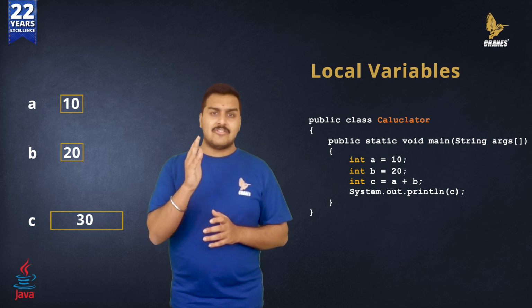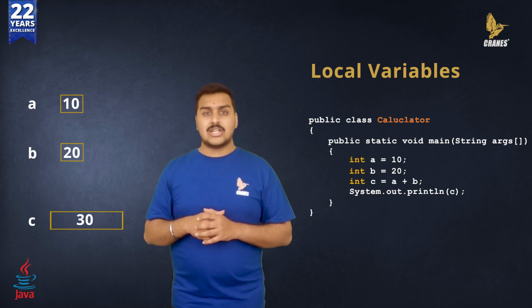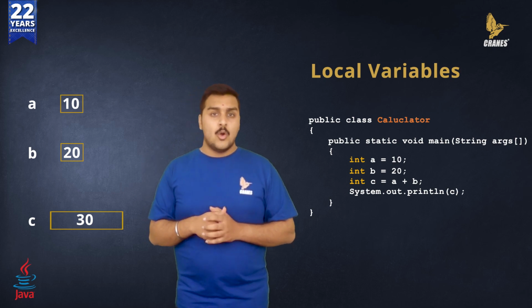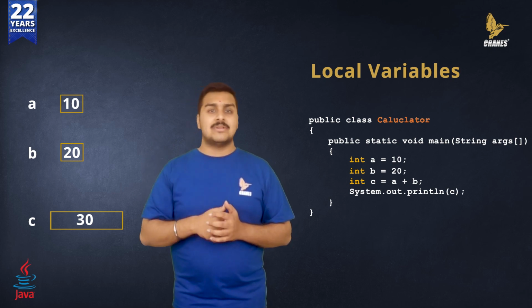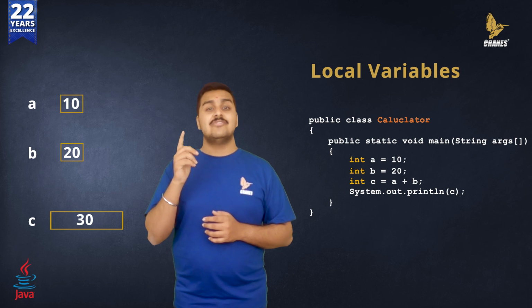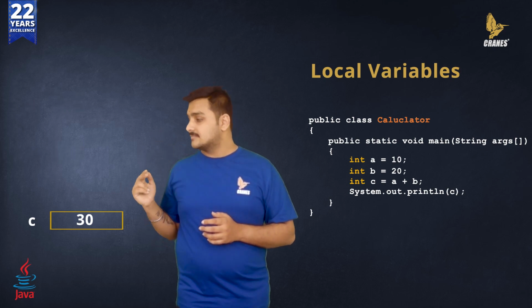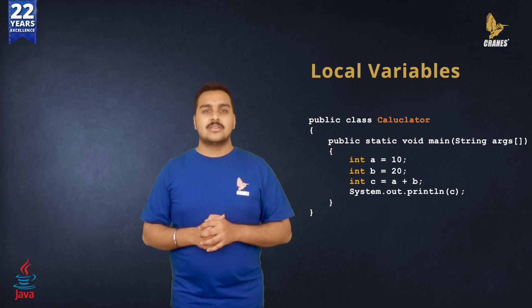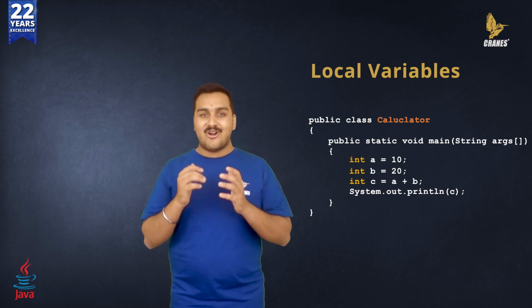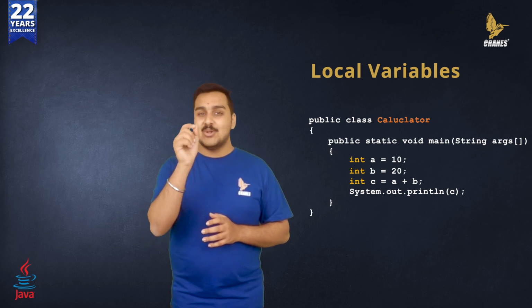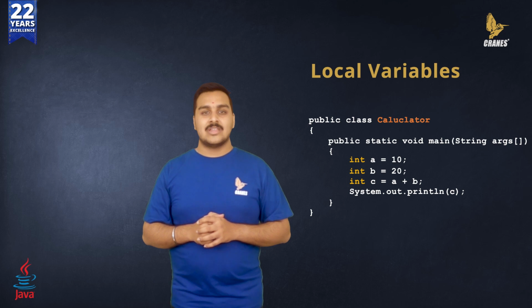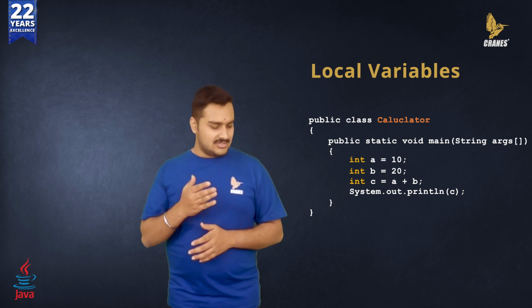The advantage of having local variables is that whatever memory you have created here, once the execution of this program is completed, these memories will get deleted, see. So this is the beauty of local variables. The output of this program, you already know, this is your output.